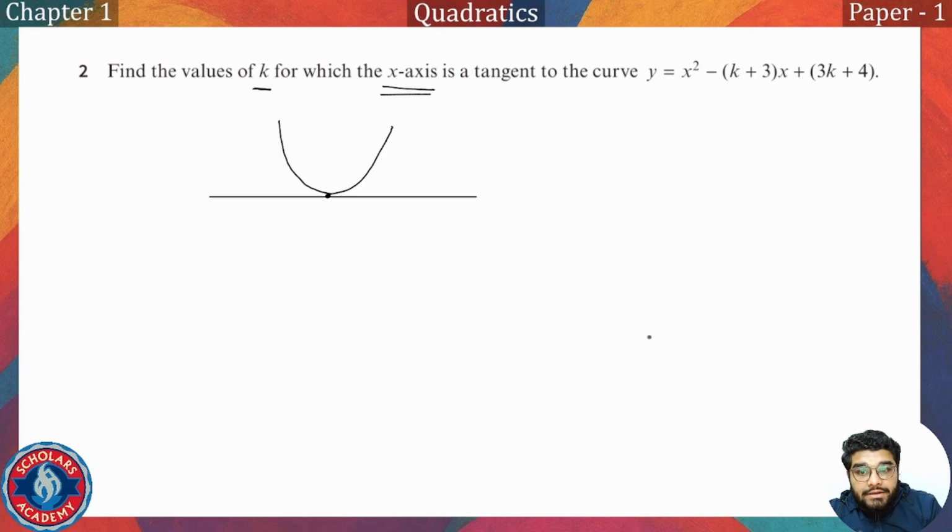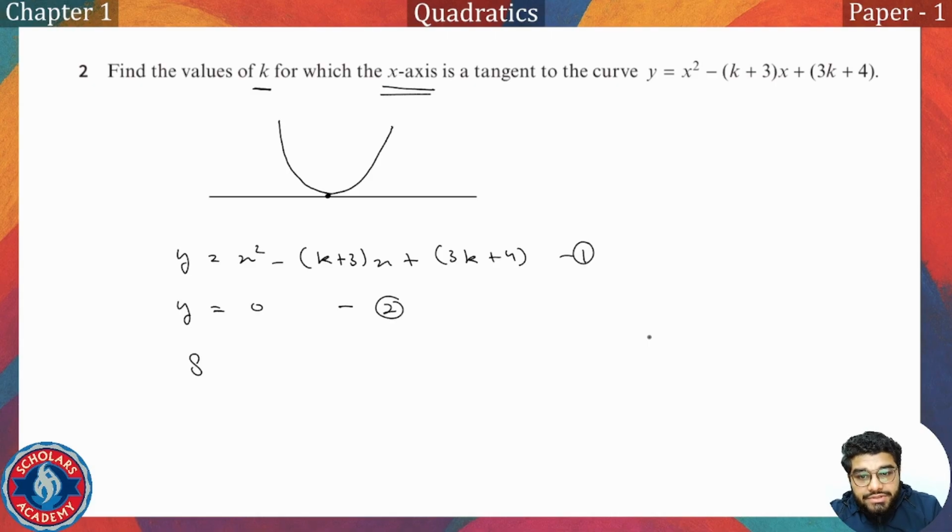All right. So the equation of the curve is y is equal to x square minus (k plus 3)x plus (3k plus 4). This is equation number 1. The equation of x-axis is y is equal to 0, equation number 2.